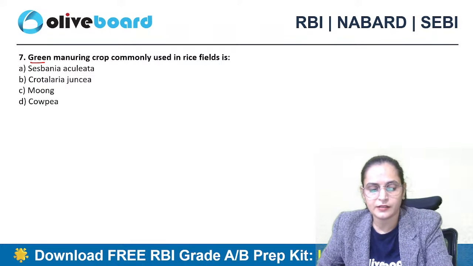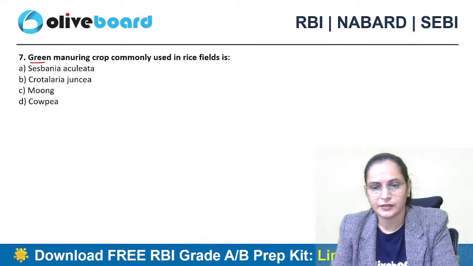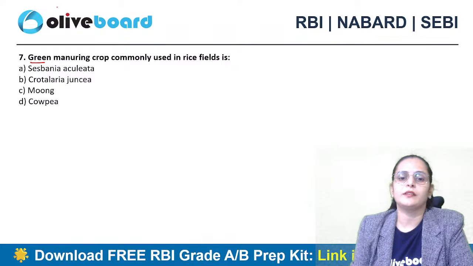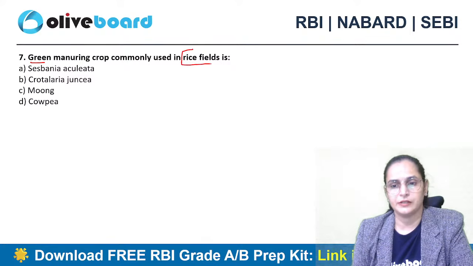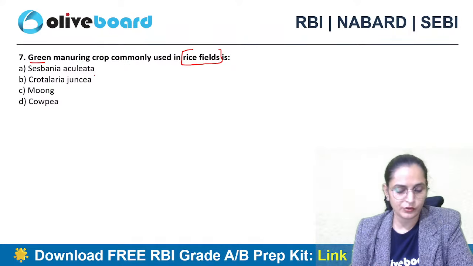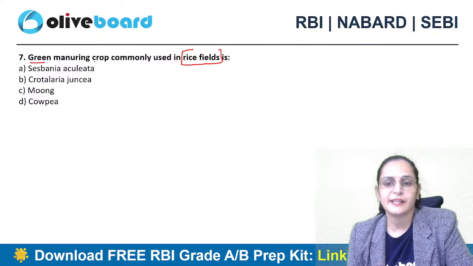The right answer for question number 7 will be, yeah. They are asking you about green manuring crops which you are using in rice fields. Sesbania is a green manuring crop, Crotalaria is also a green manuring crop. You have to choose the right answer as per the rice field.